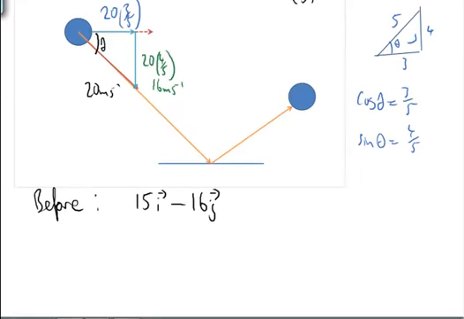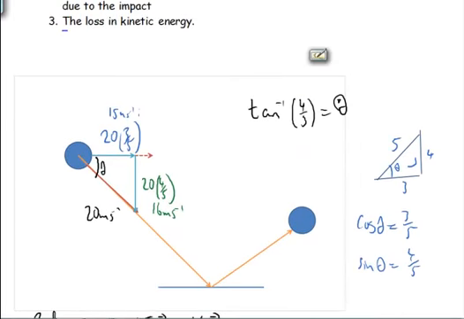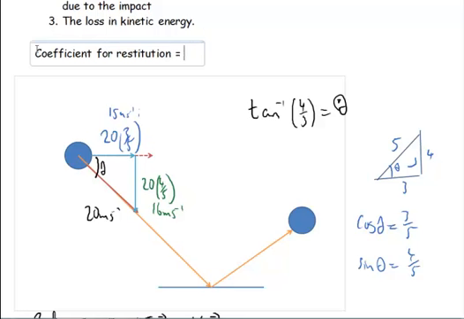There's another little bit of information that we had, that the coefficient of restitution was equal to 3/4.